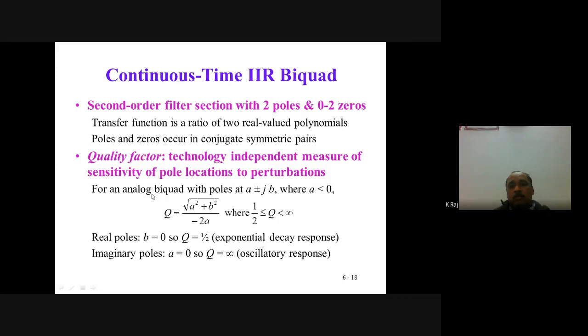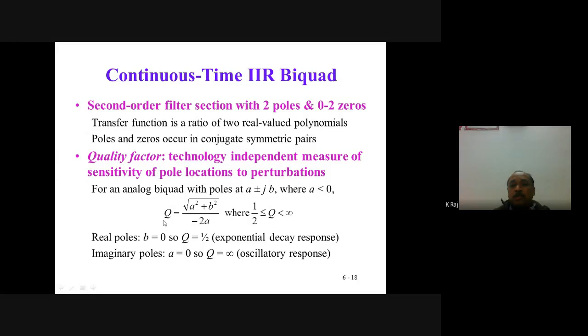For an analog biquad, suppose there are conjugate poles at A plus or minus jB, where A is less than 0, meaning it is negative, then naturally the system will be stable.